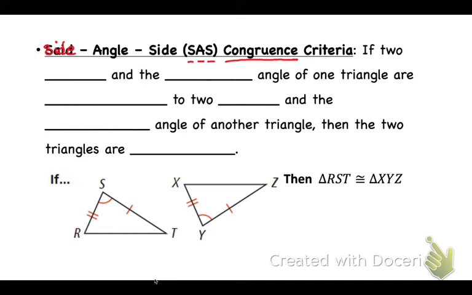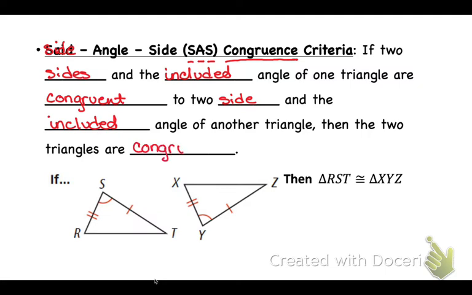So if two sides and the included angle of one triangle are congruent to two sides and the included angle of another triangle, then the two triangles are, guess what? Congruent. So we need to figure out what all those words mean.